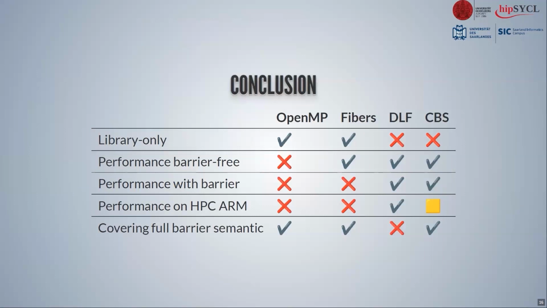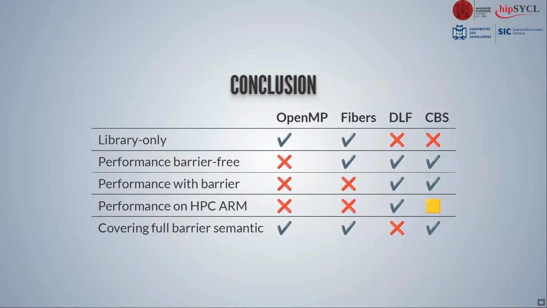To summarize, we've seen that we can implement SPMD kernels on CPUs in a library-only fashion. If you want performance in a barrier-free case, the fibers implementation is already good, but compiler approaches will obviously also be a good performing contender.